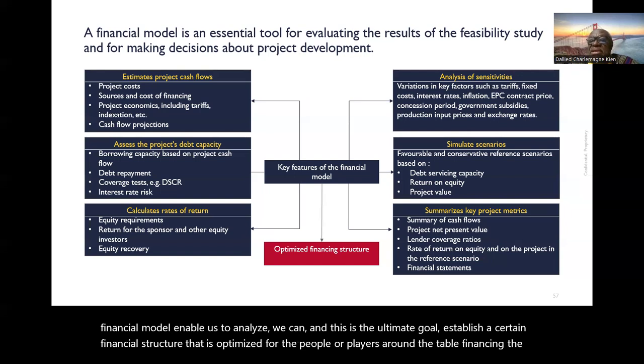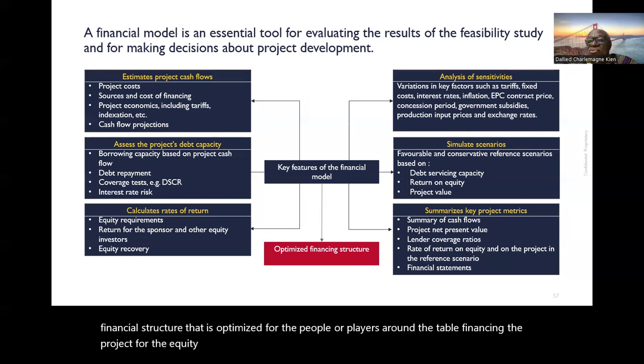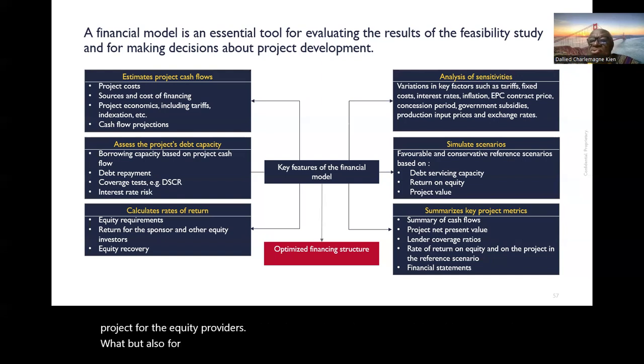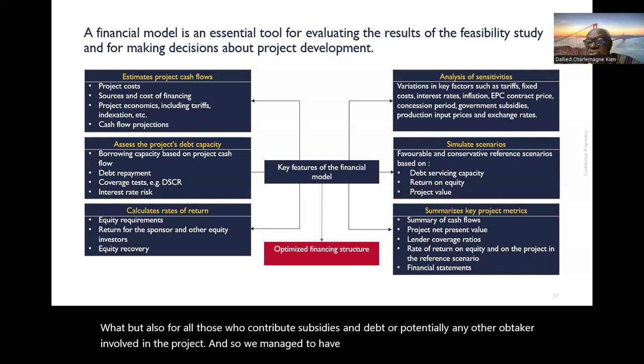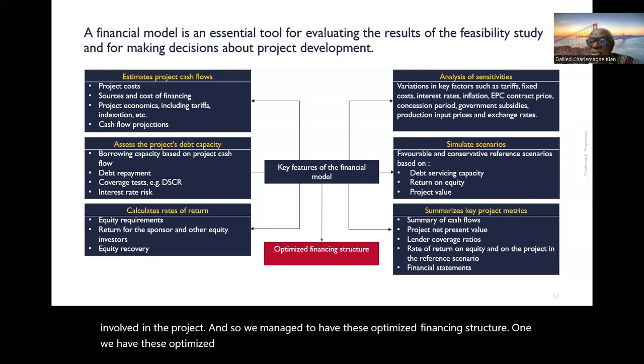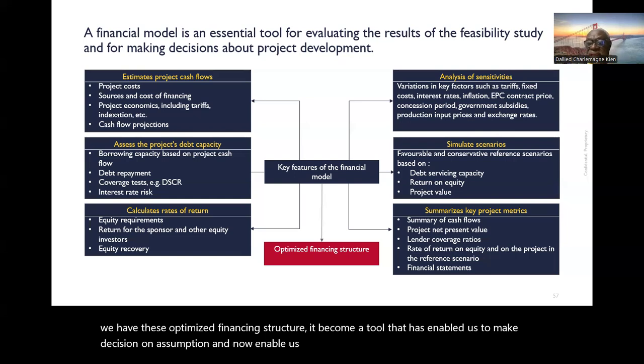For the equity providers, but also for all those who contribute subsidies and debt, or potentially any other off-taker involved in the project. And so we managed to have this optimized financing structure. When we have this optimized financing structure, it becomes a tool that has enabled us to make decisions on assumptions and now enables us to move forward with a negotiation and discussion with the various players around the table.